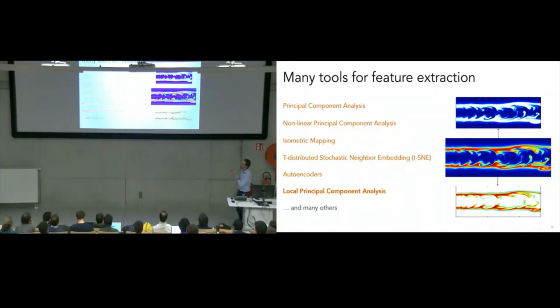Okay, t-SNE, autoencoders, yeah, I think many of you. And I will talk in particular about a technique that we have contributed to develop. It's called local POD or PCA, and it shares some similarities with the clustering approach that Professor Noack was mentioning before.